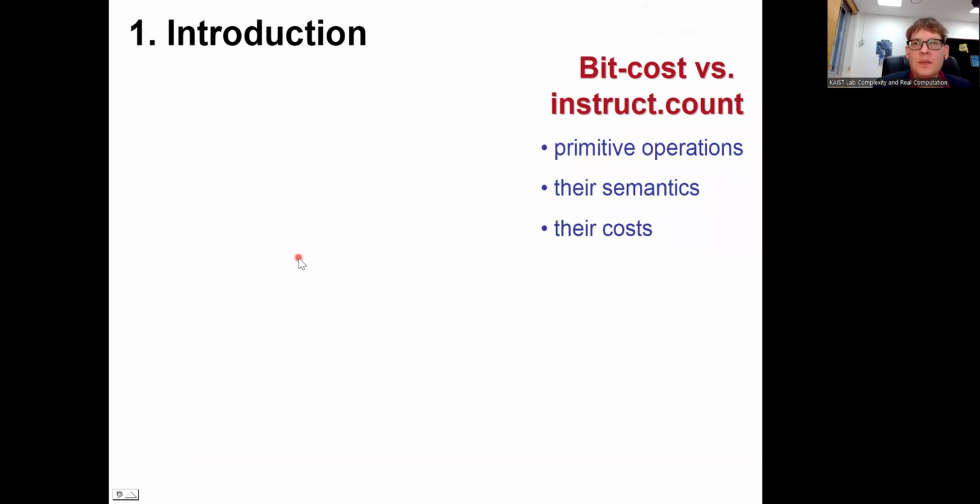So let me now illustrate the impact of having different primitive operations, with different semantics and different costs, on the design, the analysis, and the question of optimality of an algorithm.